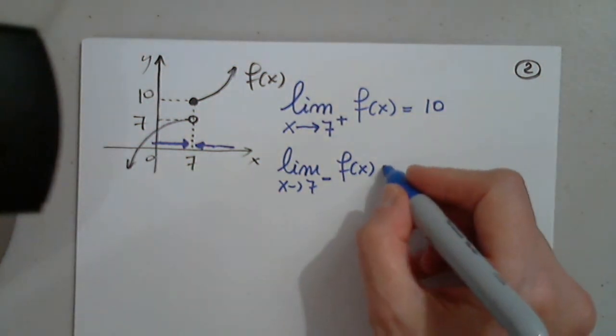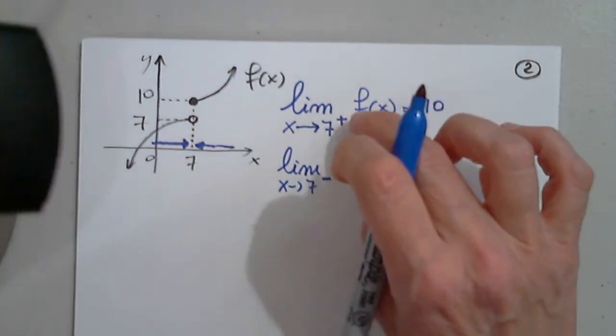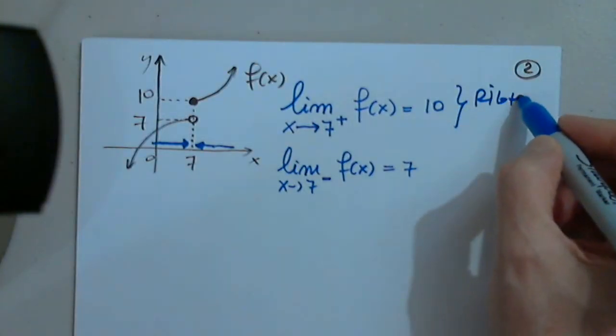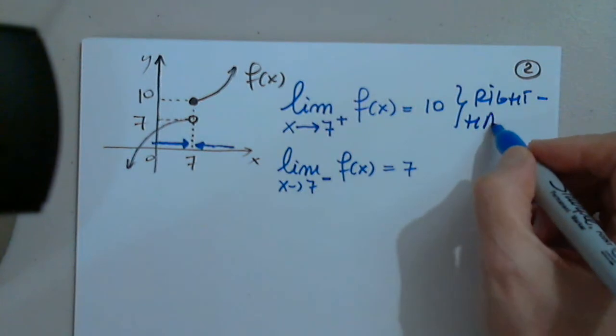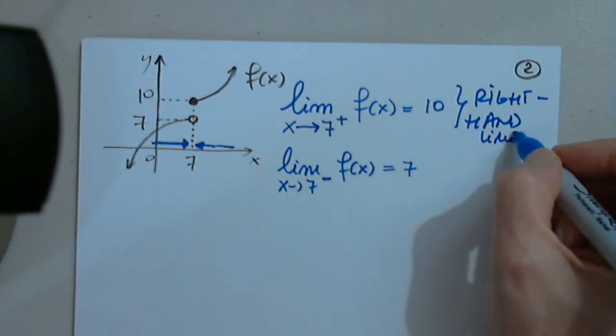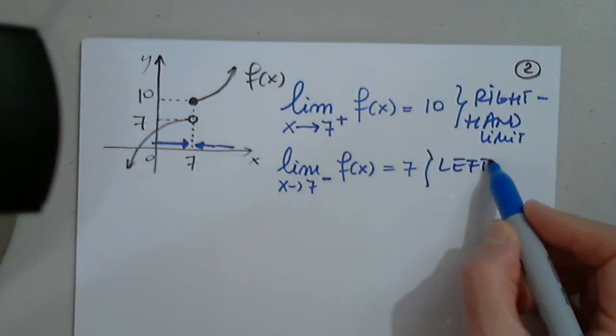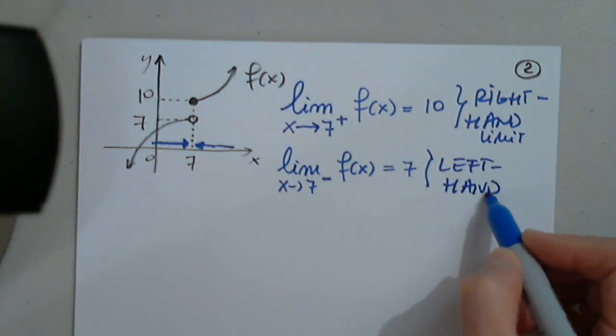Get closer to 7. This is a concept called right hand limit. This is, of course, a concept called left hand limit.